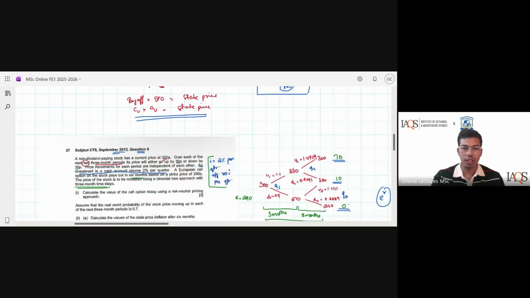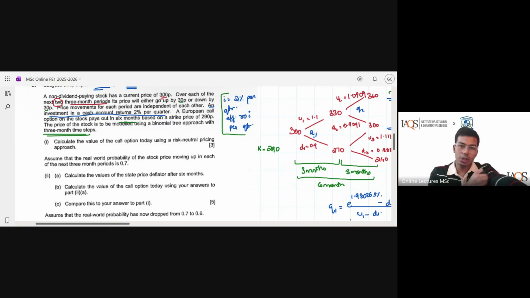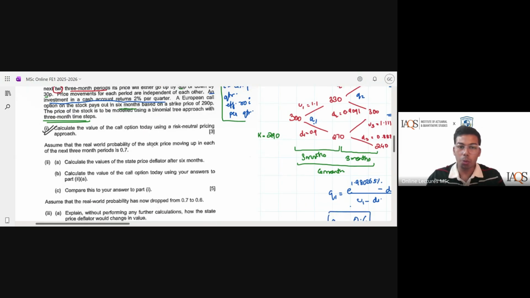All right. Let me move to the second subpart. We are done with the first subpart. Now, let's see the second subpart that they're asking. Assume that the real world probability of the stock price moving up in each of the next 3-month period is 0.7. Can I say they have actually given me the value of P? So I know the value of P is 0.7.